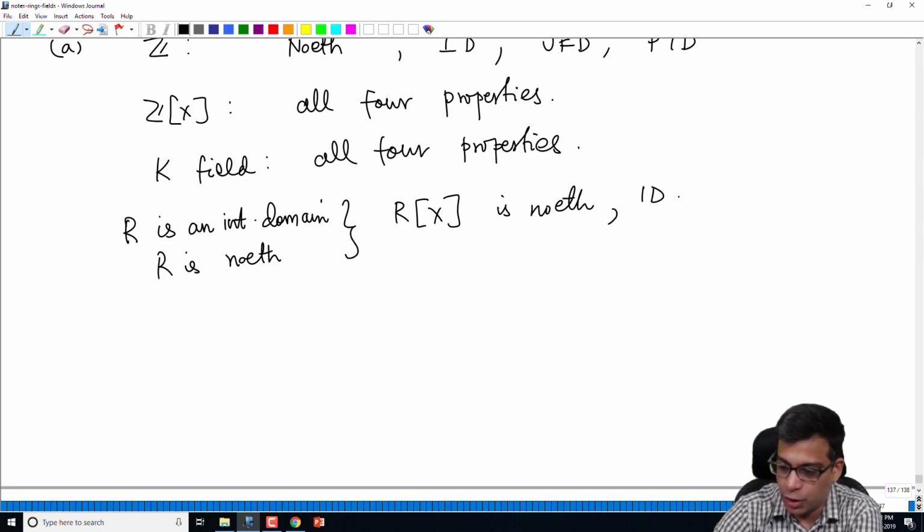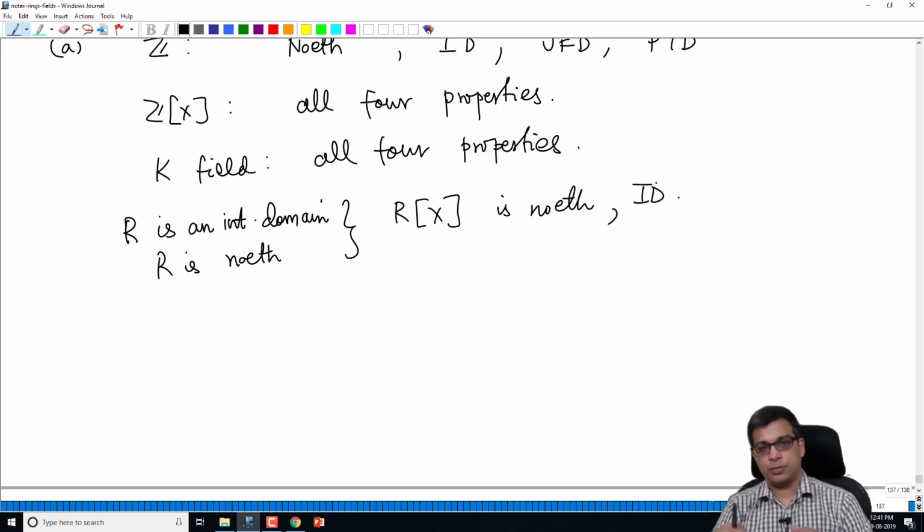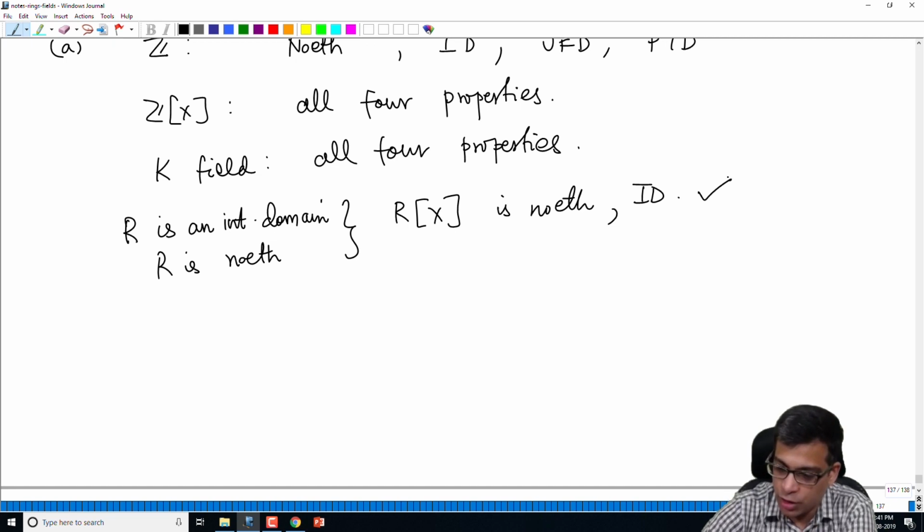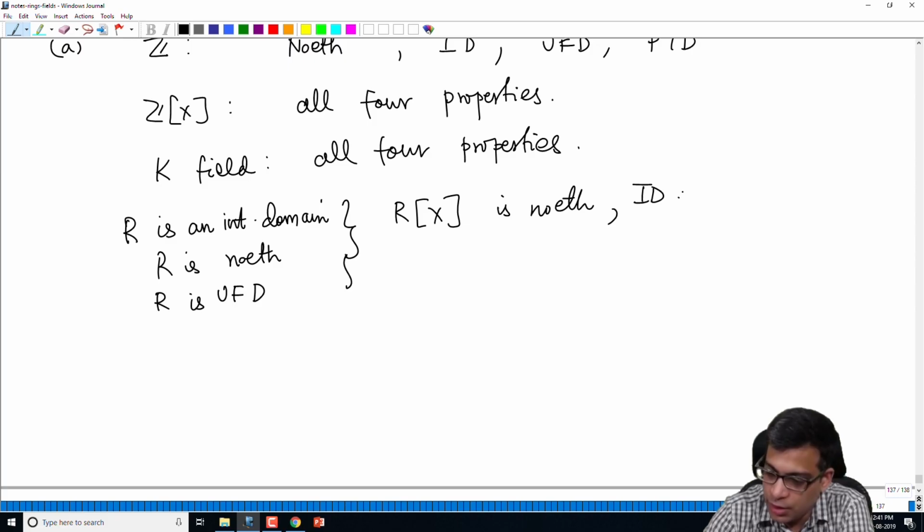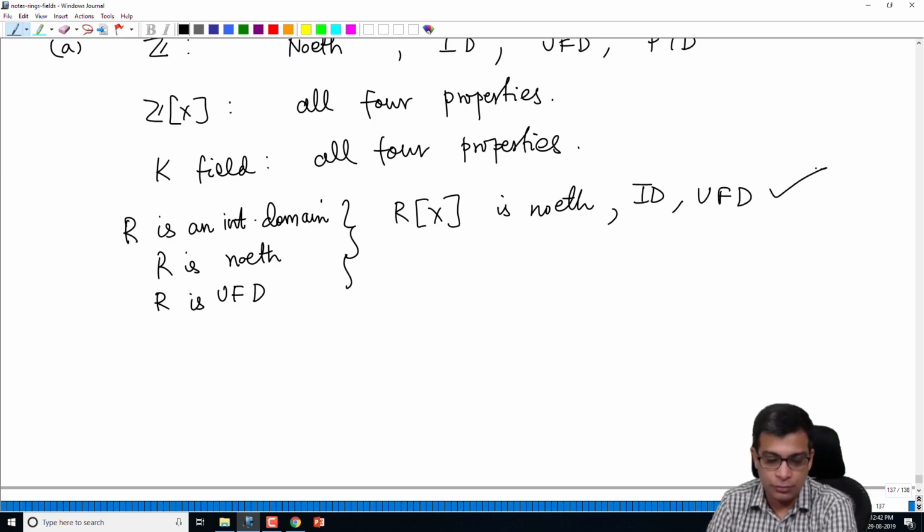This is also an integral domain, you can check, because multiplication of 2 non-zero polynomials will give you a non-zero polynomial. This is okay, but what about UFD or PID? That's not clear unless you assume similar conditions for R. So R is UFD, suppose I assume, then this is also UFD. R is integral domain, Noetherian, UFD, then R[x] is a UFD.